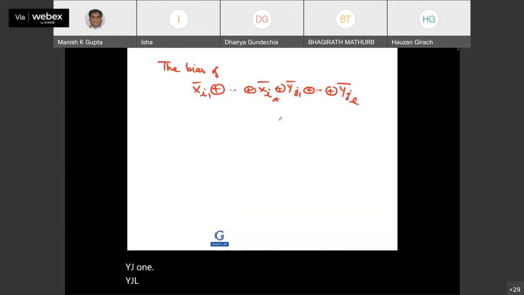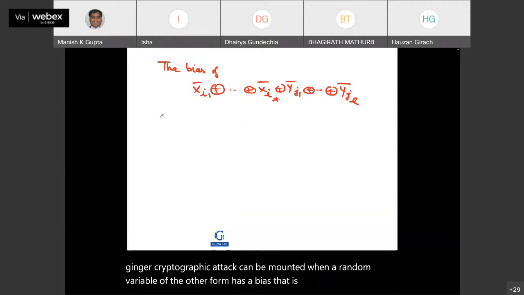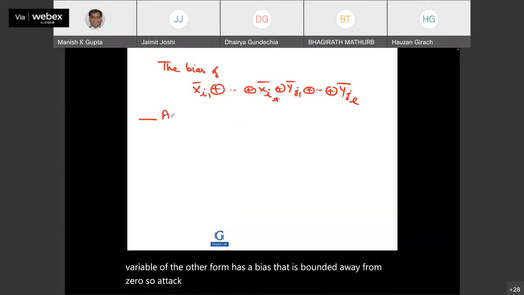If this kind of expression is involved, I can compute the bias of this random variable. A linear cryptographic attack can be mounted when a random variable of the above form has a bias that is bounded away from zero.